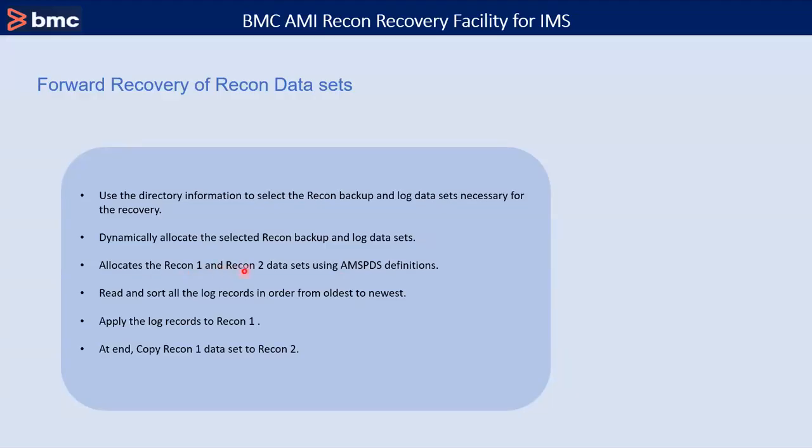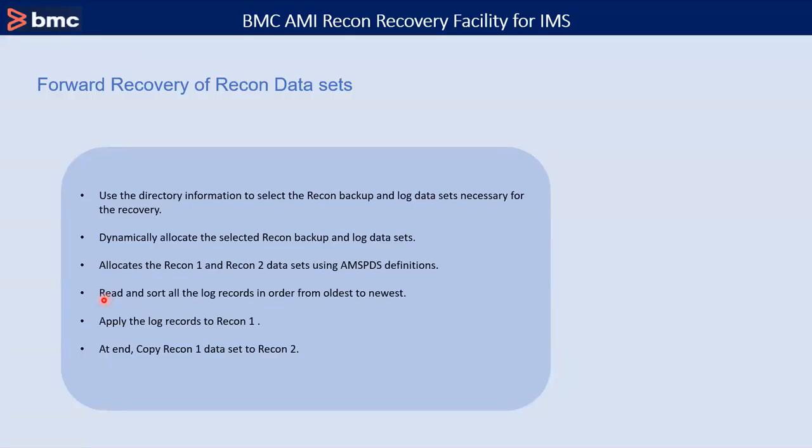You supply it through a DD card, AMS PDS, and you should have some members there for Recon 1 allocation and Recon 2 allocation. So those are the IDCAMS define statements for Recon 1 and Recon 2 allocation. So we'll use those and invoke IDCAMS and allocate those to two new Recon data sets.